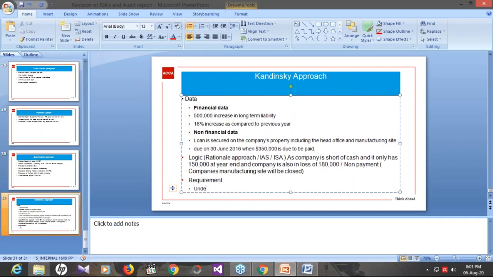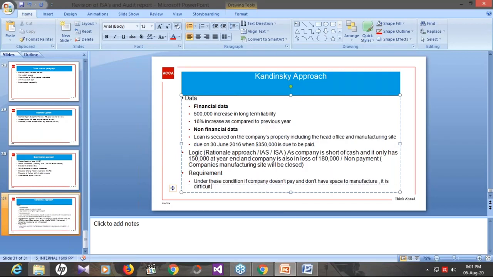So under these conditions, if company doesn't pay and doesn't have space to manufacture, it is difficult that company can survive under these conditions.